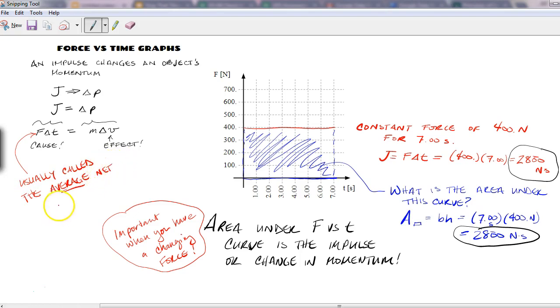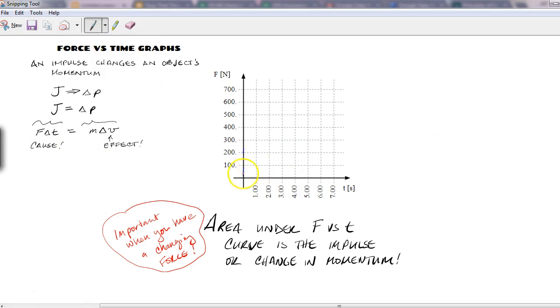And so we need to either be able to calculate what the average is from the graph, or we need to be able to use a different strategy to solve it. And in this case, the strategy that I've chosen to use is the area under the curve of the force versus time graph. So I've drawn a changing force.